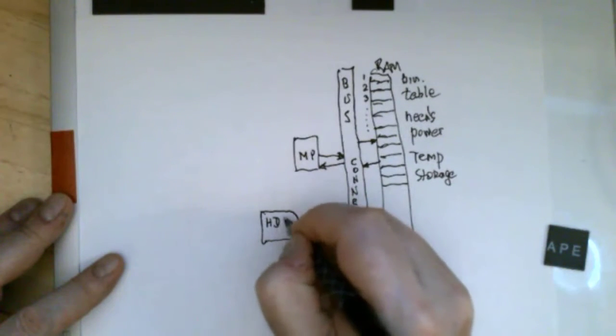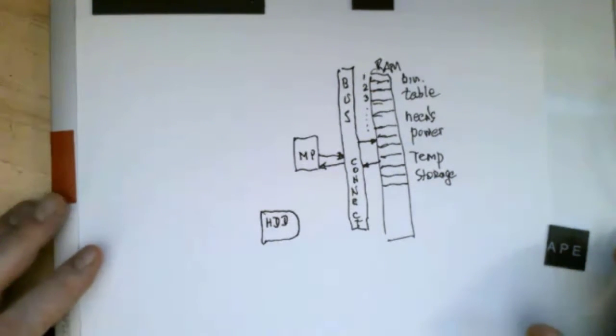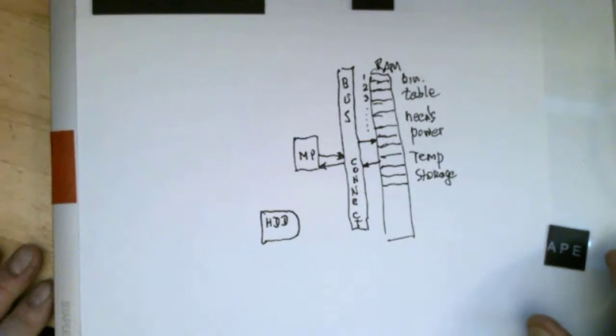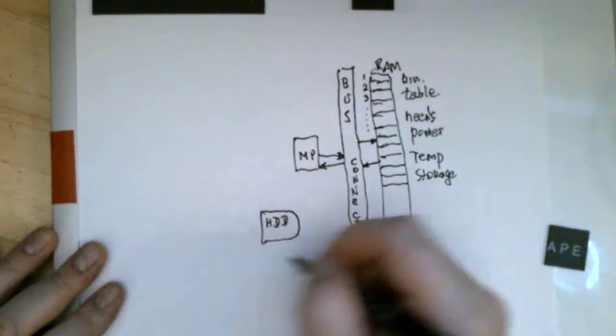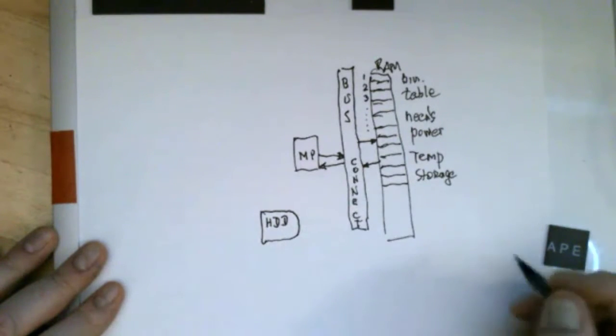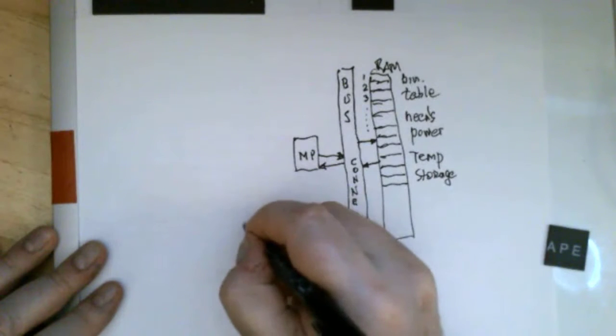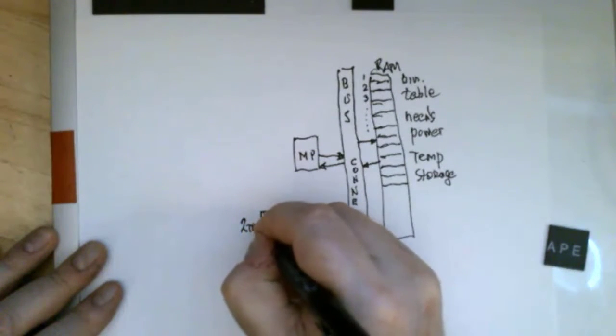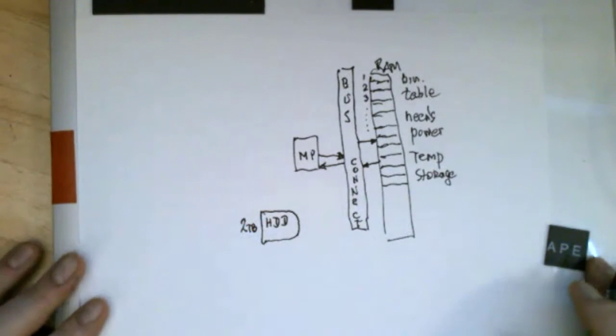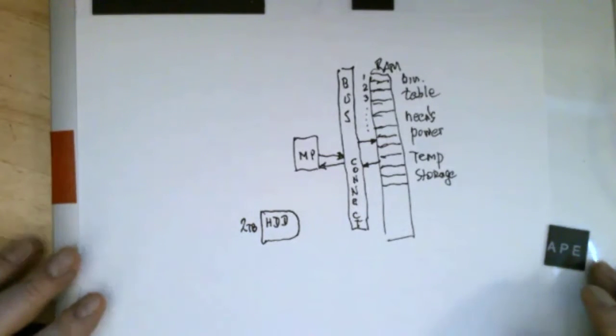I'll put here the abbreviation HDD. It is hard disk drive. The usual capacity of a hard disk drive is about 2 TB, 2 terabytes for consumers.